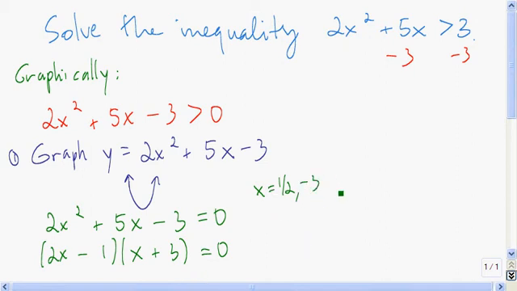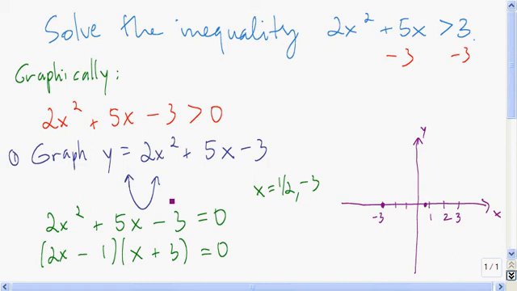Okay, so we know that the graph of this is a parabola that opens upwards and has these as the x-intercepts. So let's plot a quick sketch of that. Here I've plotted the two intercepts, at negative 3 and at 1/2. And that's actually all the precision that I need in the graph.